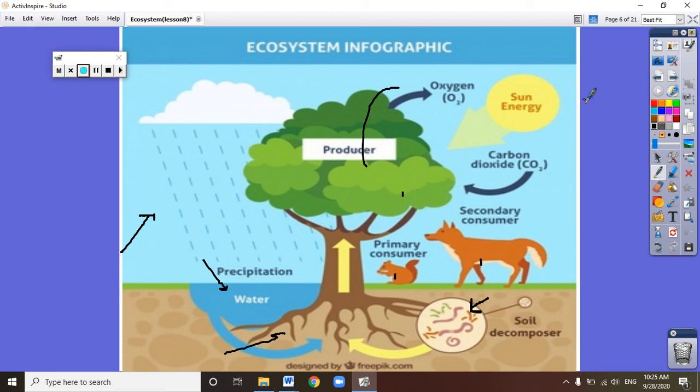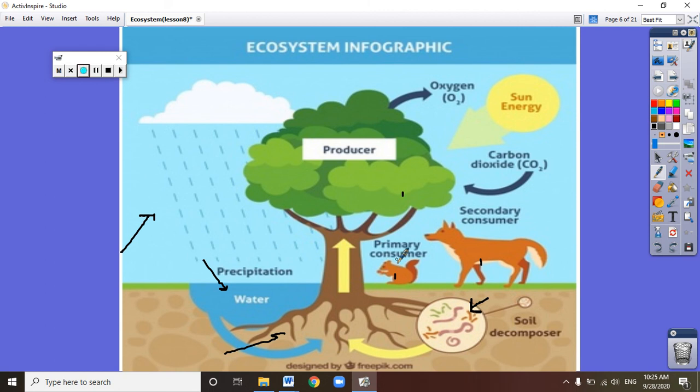Also there is a balance between the components of the ecosystem. What is the meaning of that? Imagine that the number of the rabbits was very, very large. What will happen? The rabbits will eat the plants and the plants will finish and there will not be enough food for the rabbits, so they will die and the fox will not find any rabbits to eat, so it will also die.